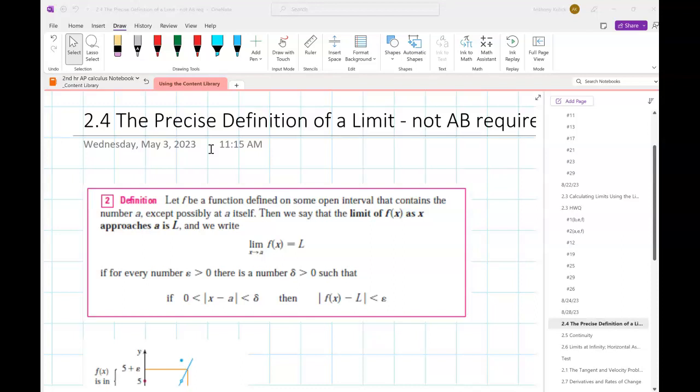Then we say the limit of f of x as x approaches a is L, and we write the limit as x approaches a of f of x is equal to L, if for every number epsilon greater than 0, there is a number delta greater than 0 such that if 0 is less than the absolute value of x minus a is less than delta, then the absolute value of f of x minus L is less than epsilon.